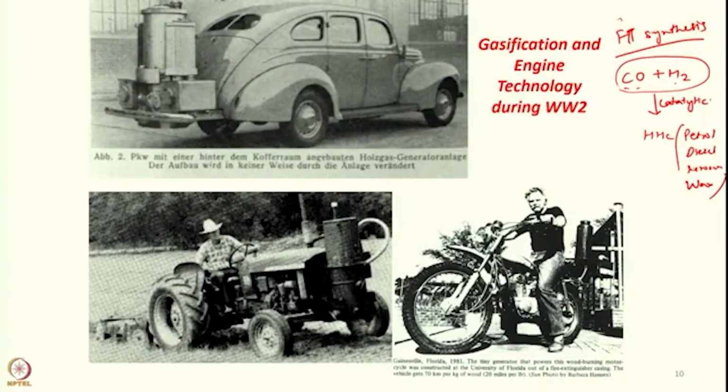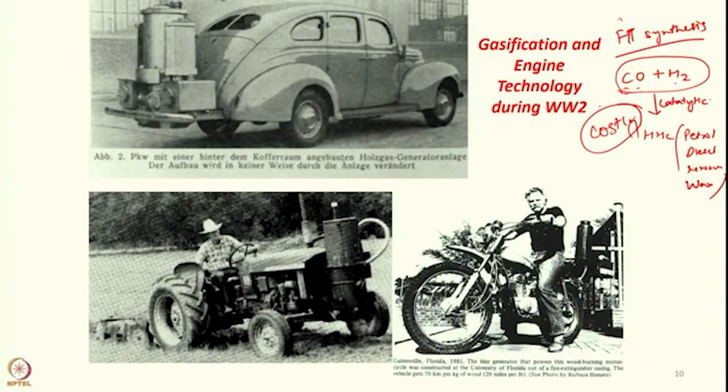And Europe has a lot of coal reserve, even Germany itself had a huge coal reserve, which was used to undergo a gasification process similar to biomass gasification. We will come to it after this module, the coal gasification. So, this carbon monoxide and hydrogen was diverted here, but this process was costly.